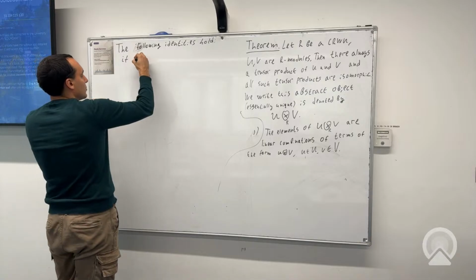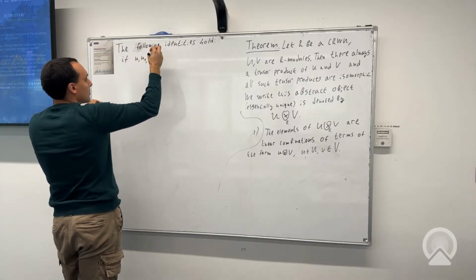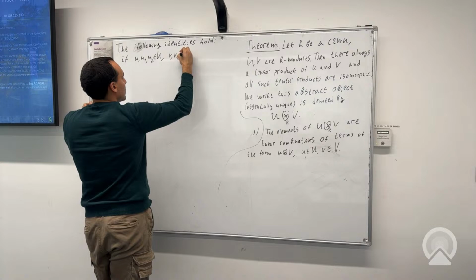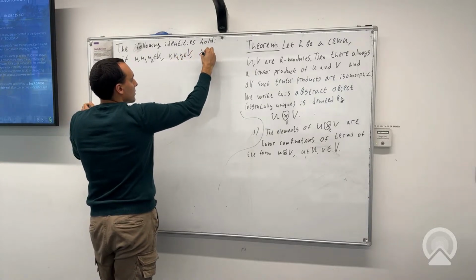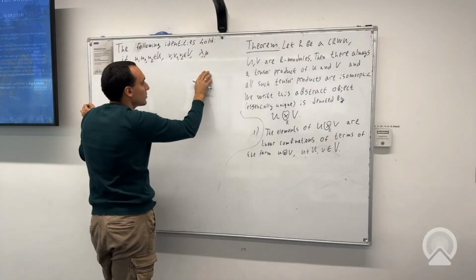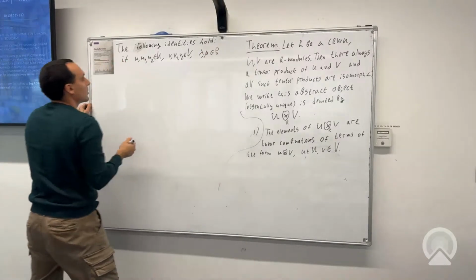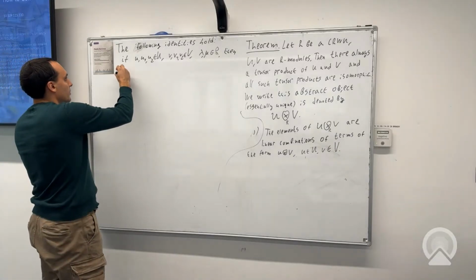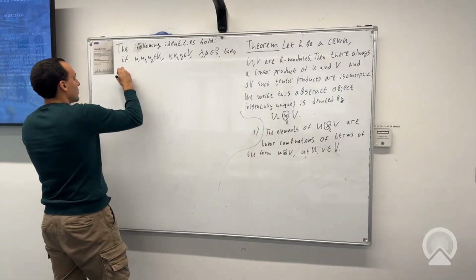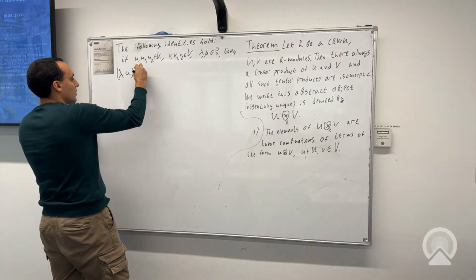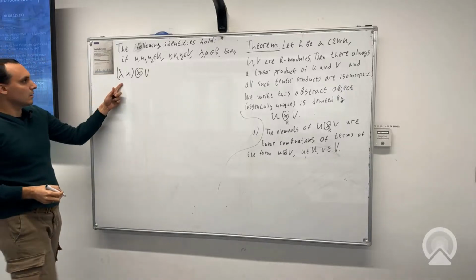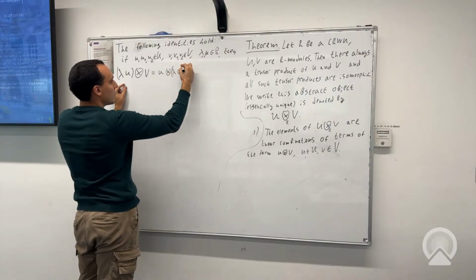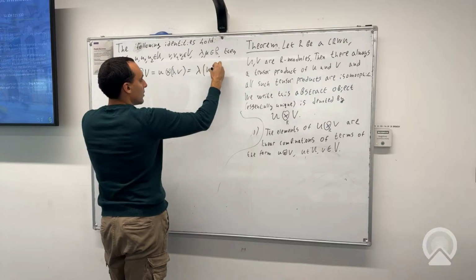If u1, u2 are in U, v1, v2 are in V, lambda, and maybe mu as well, then first of all, if we multiply lambda u by v, the result is the same as multiplying u by lambda v, and it is lambda times (u tensor v).